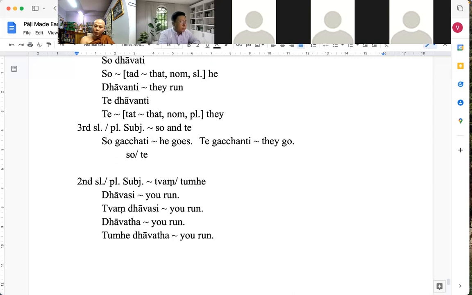So that is why dhavatha or tumhe dhavatha, the same meaning, you run. Okay, so now we already learned second person singular and plural subjects. Singular is tvam, plural is tumhe. We pronounce tumhe, or maybe tumhe also.